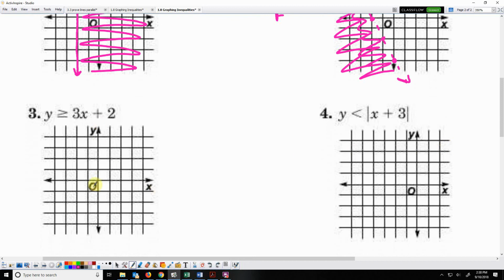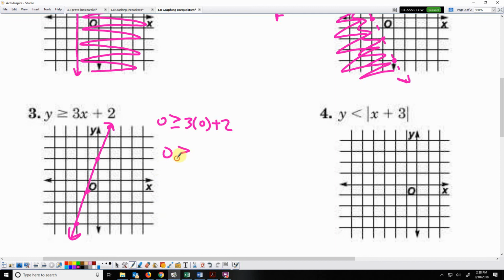So next we have a y-intercept of 2 and a slope of 3, up 3 over 1. And we can go down 3 and left 1 and keep that same slope. And it is underlined, so it is a solid line. And 0 is greater than or equal to 3 times 0 plus 2 will tell us where to shade.